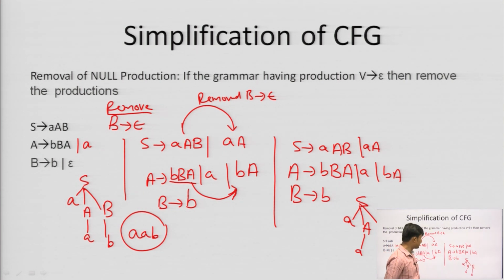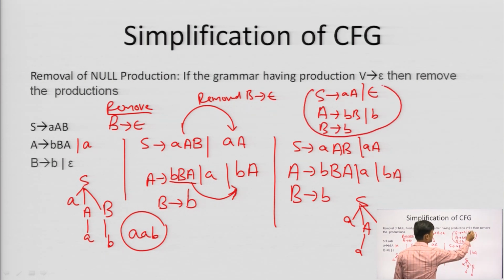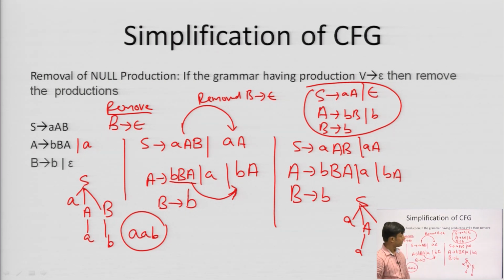So, here is another thing. Suppose we have a question given, you have a grammar whose starting symbol derives epsilon. So, you can see this is the grammar given. Now, this is epsilon and this is A to B B and this is B and B to B. So, this grammar is given, but could we remove it? It could not be removed, because in the language itself epsilon is there.